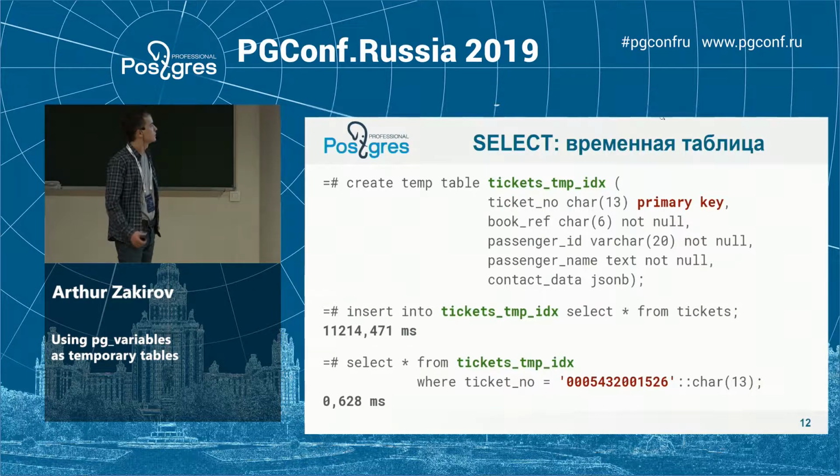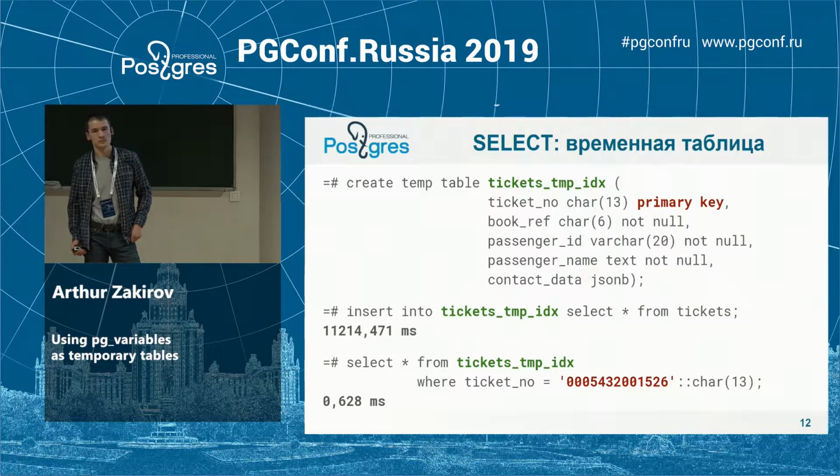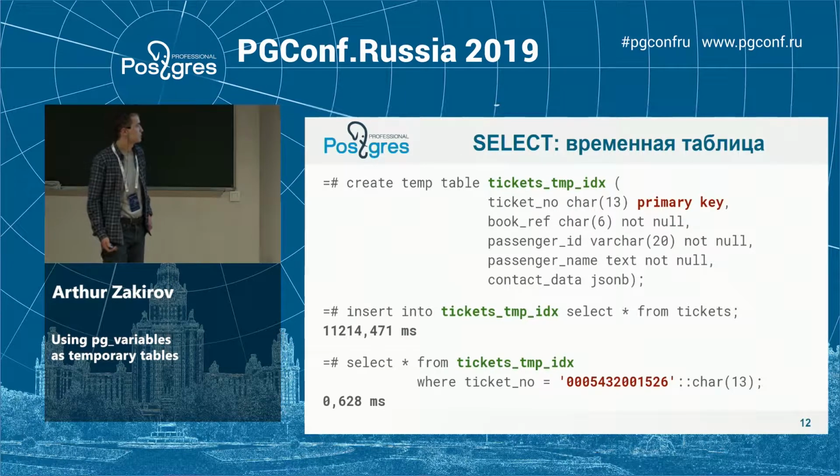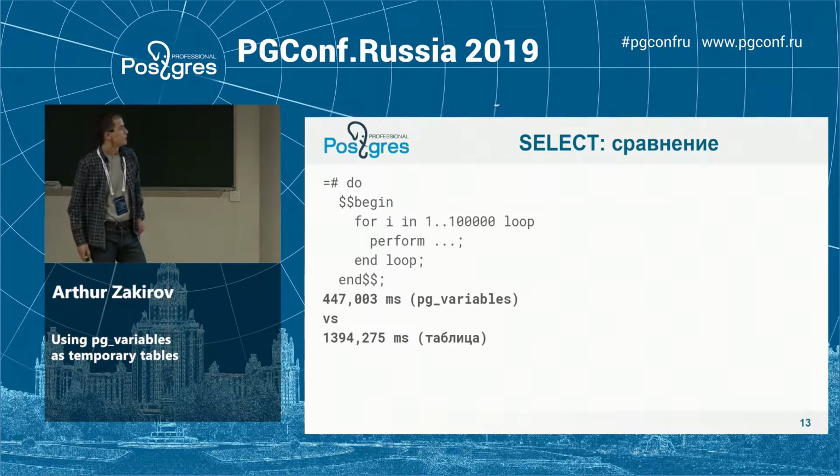In this case, we create a table and then fill it in with the data. It is filled in 11 seconds compared with 3.5 seconds with PG variables, and the search is made during the same time.